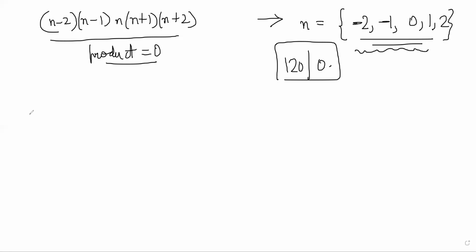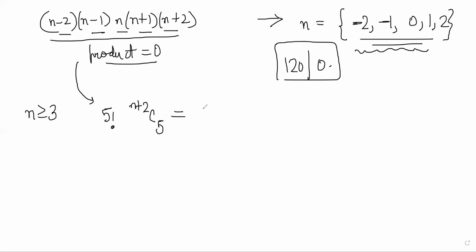The other case is when n is greater than or equal to 3. When n is greater than or equal to 3, what you will have here is something like this. This number will be 5 factorial multiplied by n plus 2 C5.